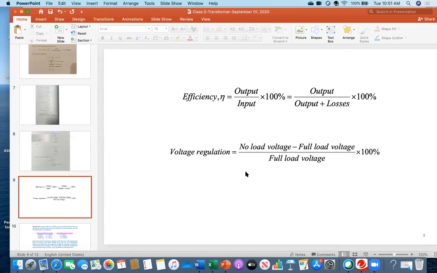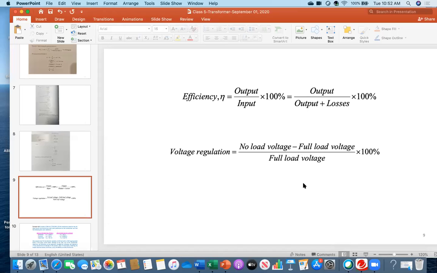And here is another term, which is called the voltage regulation. Now you know that in the case of a transformer, you have to connect the load at the secondary side because the customers will be connected to the secondary side of the transformer.